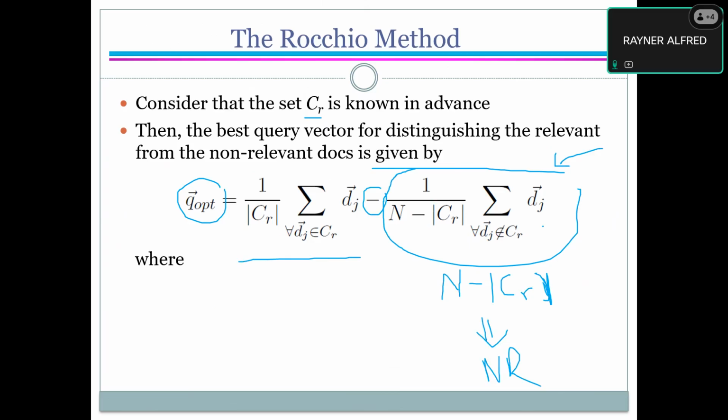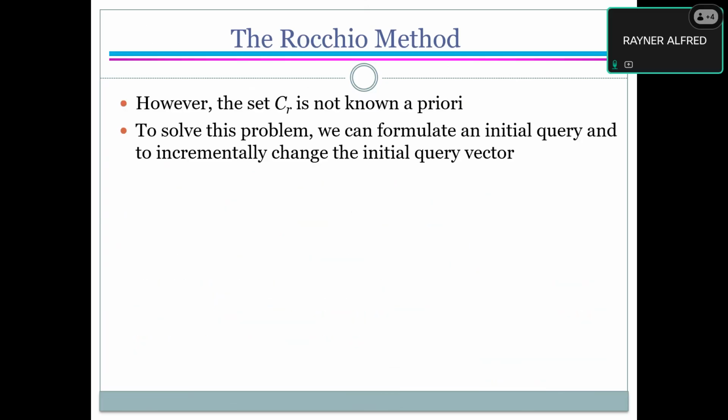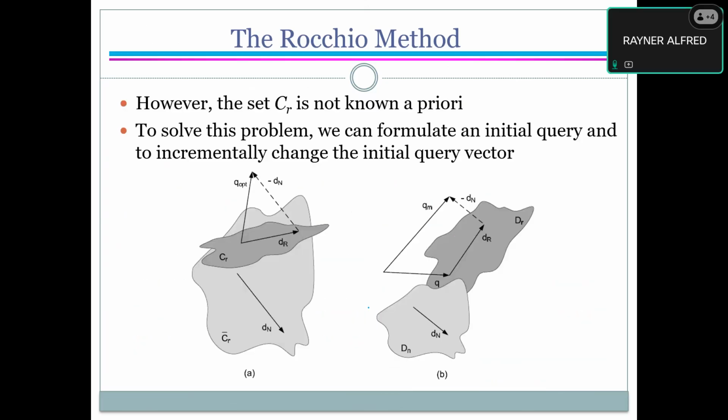Okay. So to illustrate this one, the dark gray one will be the relevant document, and this one is the non-relevant document. So the vector that we have for the relevant document, we assume to be like this, and then the non-relevant document would be like this.